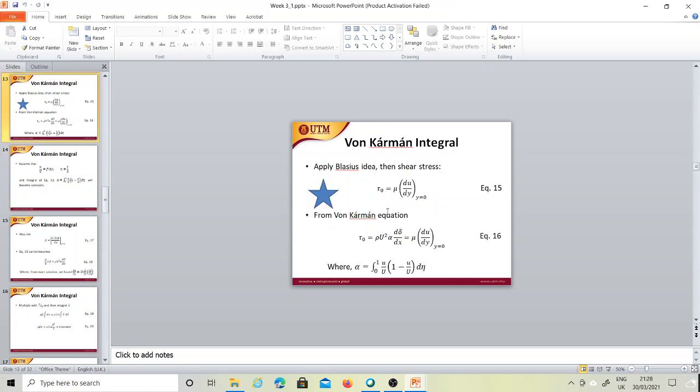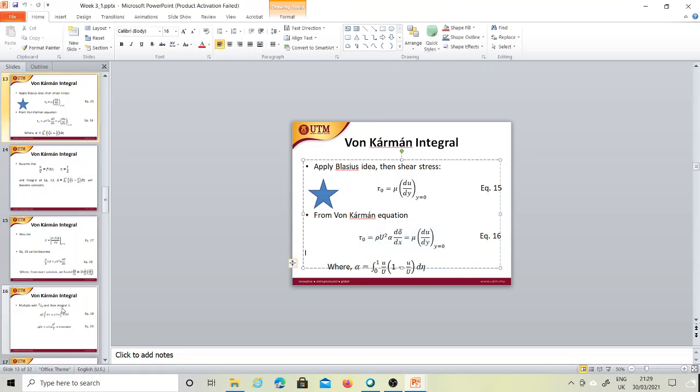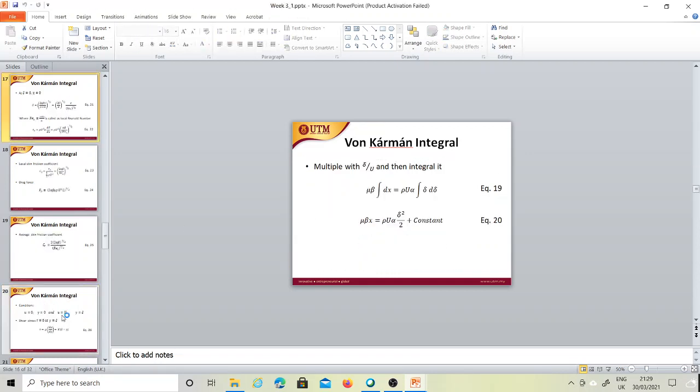So we have this expression here: rho u square alpha d theta dx. We have different types of forms.